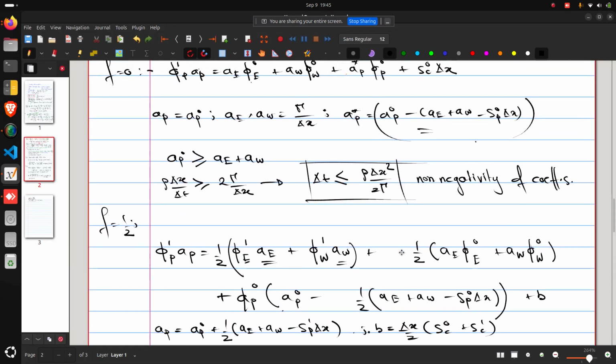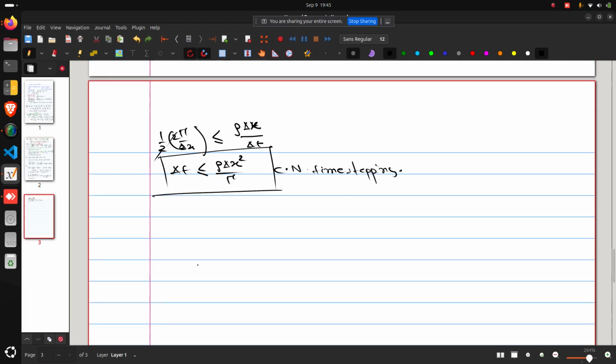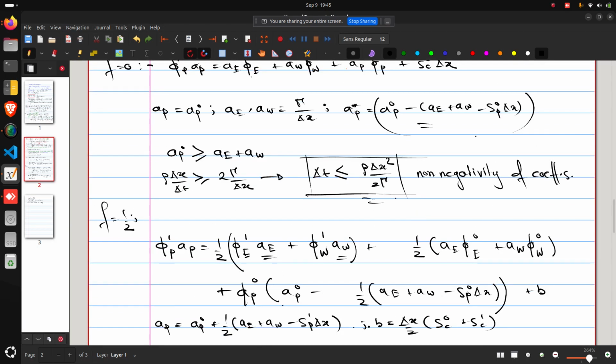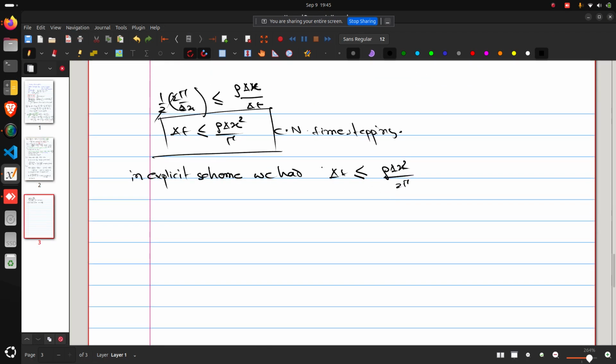Now what did we see in the case of the explicit scheme? In the explicit scheme, we had delta t should be less than or equal to rho delta x square by 2 gamma, right? Here we had derived this. So now we see that the explicit scheme has a much more stringent delta t bound, right?